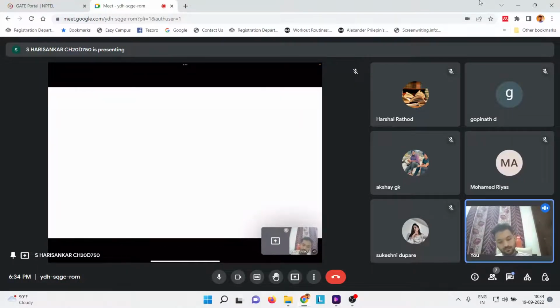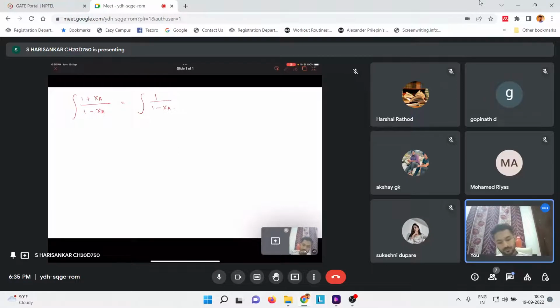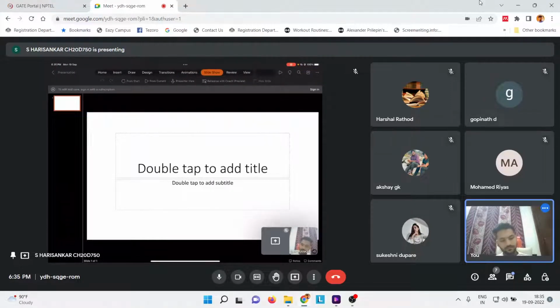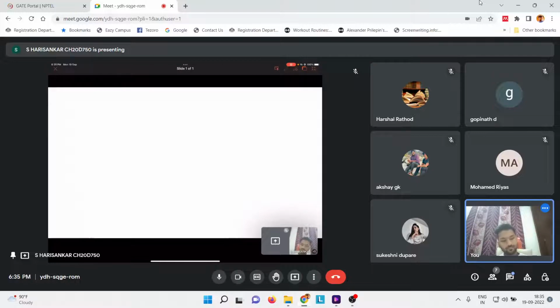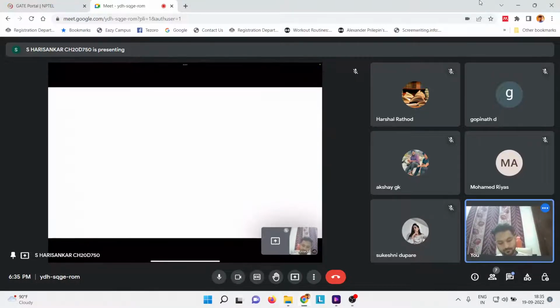So, 1 plus xa by 1 minus xa. This will be 1 by 1 minus xa, and that also doesn't work. Let me do this integration. 1 plus xa by 1 minus xa into dxa.